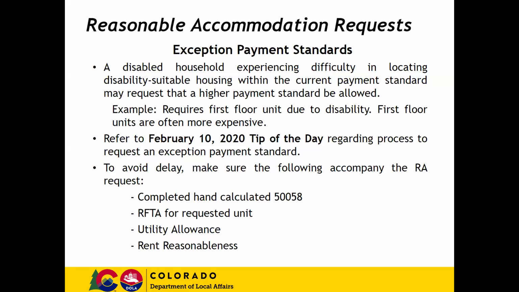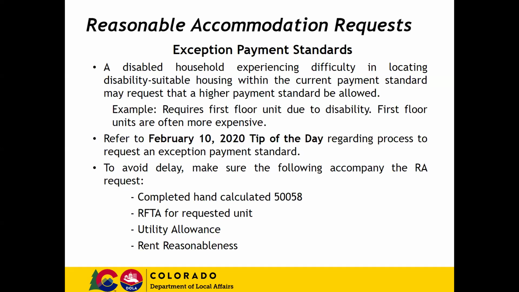HUD allows housing authorities to approve exception payment standards up to 120% of the published fair market rent in that community. And so we are able to do quite a bit with that limit.